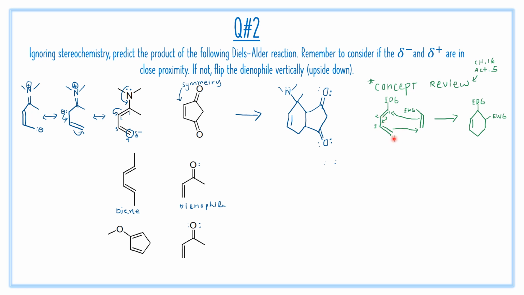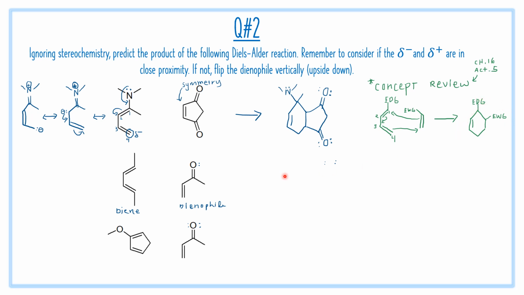Carbon number 4 of the diene breaks apart to create a sigma bond between the diene and dienophile. And hence, if you just connect carbon number 4 and this carbon, and carbon number 1 and this carbon on the dienophile, and transfer over the double bond, you will get this product. Take some time to visualize that and the rest will come to you.